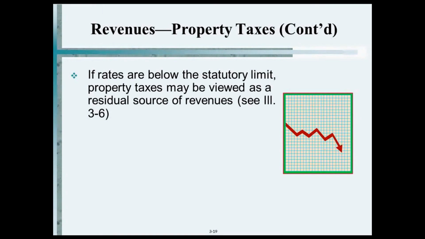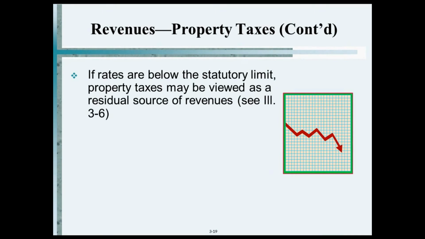And I'm going to keep it very simple. We will assume for this example you have no other revenue sources. Just one, property taxes. Okay? Keep it very simple because I want you to see how the process works. The property in your town has property worth $500 million.